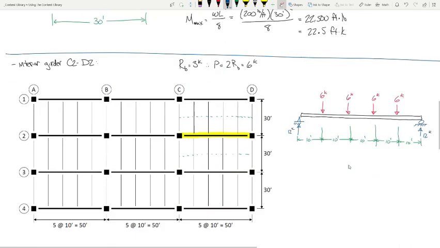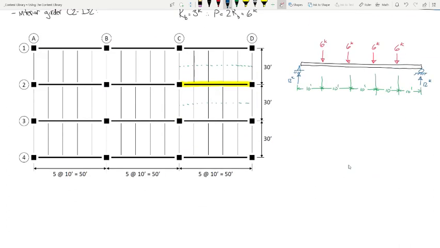And if we wanted, we could get a little crazy. We could say, all right, there's our shear diagram, and go from there, right?